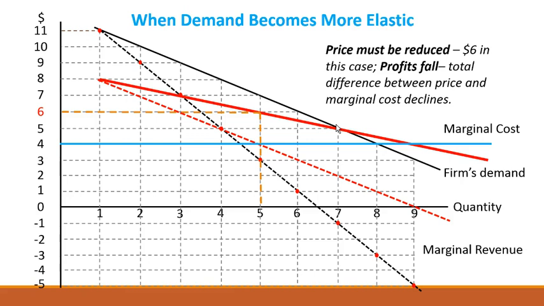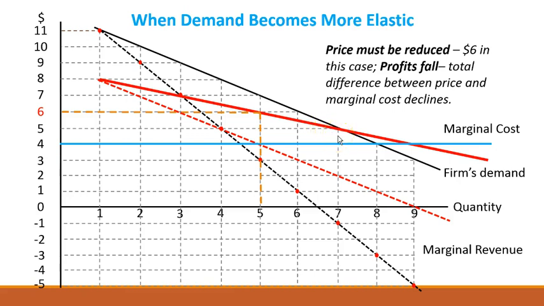How do we know that? Well, let's just look at this point where the two curves intersect. That's at a price of $5 and a quantity of 7 units. In that case, if the price goes up by $1, from $5 to $6, we can see that in the case of the old demand curve, the less elastic demand curve, the quantity demanded goes down to 6 units if the price rises to $6.